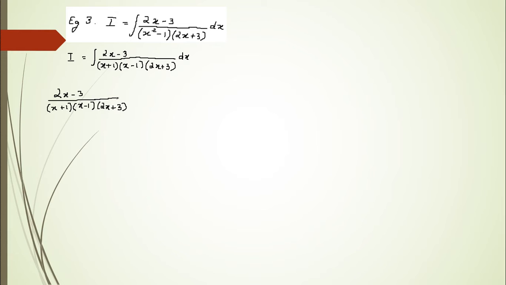Since in the numerator the degree of the polynomial is 1 whereas in the denominator it is 3, this is a proper rational function, so we can use partial fractions. So this can be written as a by x plus 1 plus b by x minus 1 plus c by 2x plus 3.